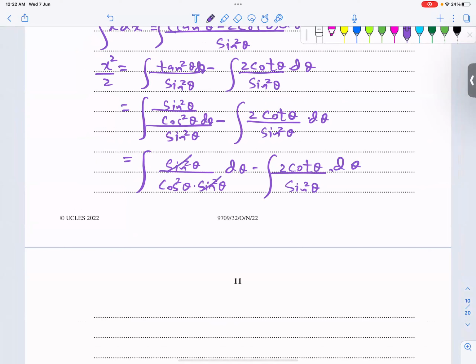You can cancel the sine square theta and this will become 1 over cos square theta d theta minus 2 cot theta over sine square theta d theta.